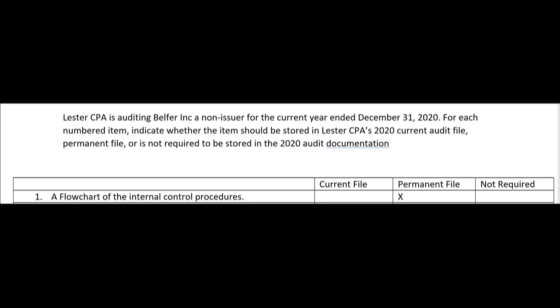So a flow chart of the internal control procedures at the client company would have continuing audit significance, and therefore it would be stored in the permanent file. So let's place number one in the auditor's permanent file. Because next year and the year after, we'll pick up this flow chart out of the permanent file, and it's likely to still depict the internal control procedures.